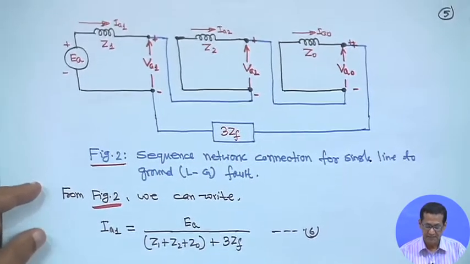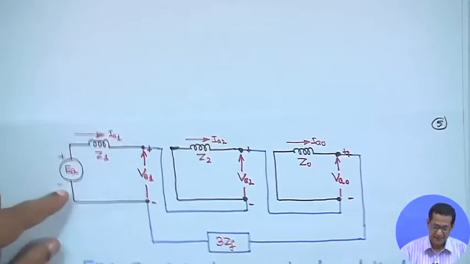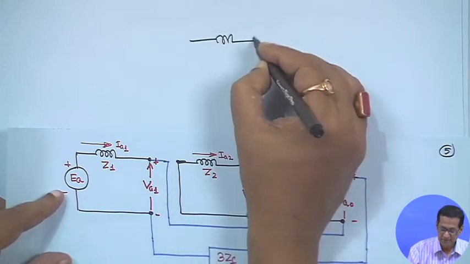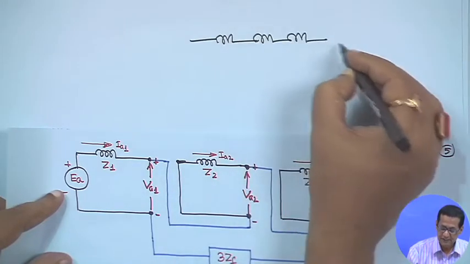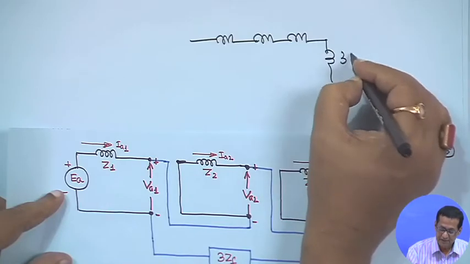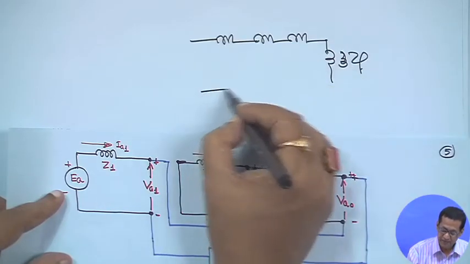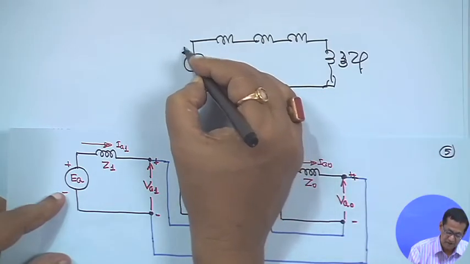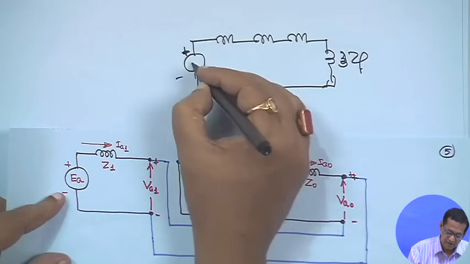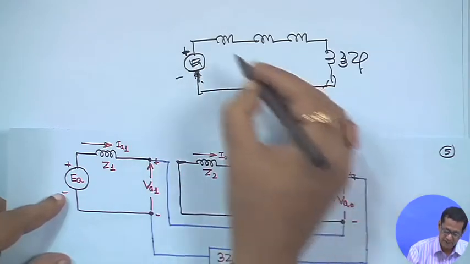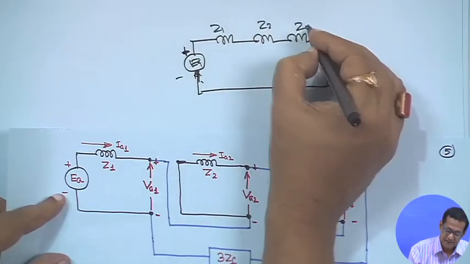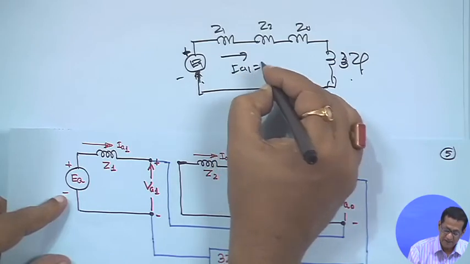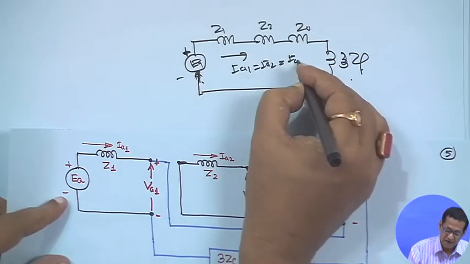If I draw it like this, it is a series circuit with voltage EA, Z1, Z2, Z0 and 3 ZF, and the current is IA1, equal to IA2, equal to IA0.